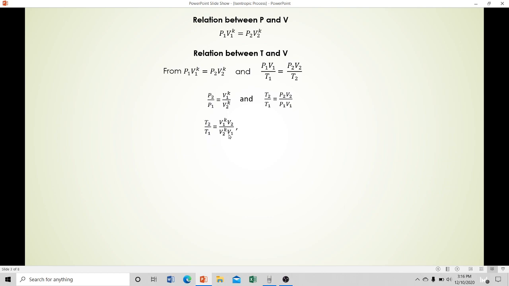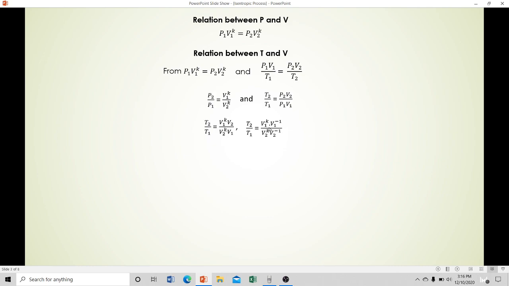Then we transpose this, so V1 goes into the numerator and V2 into the denominator. So we can say that V1 is raised to negative 1 and also V2 is raised to negative 1.